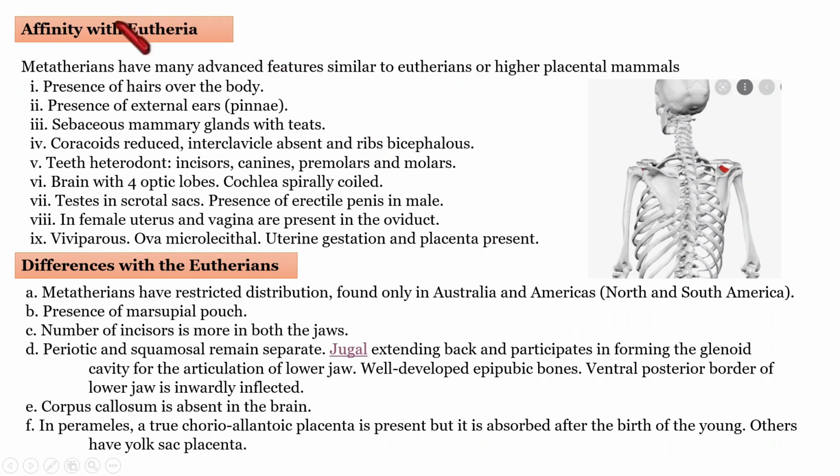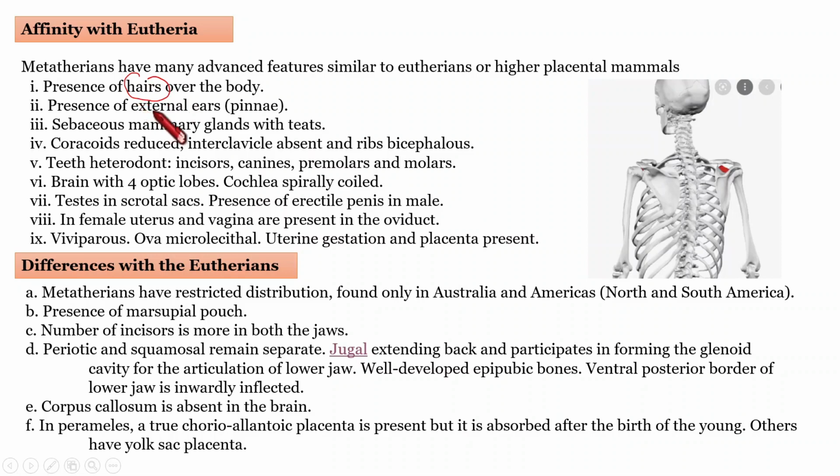Next, we are going to see the affinities of metatherians with the eutheria, the advanced mammals. Metatherians have many advanced features similar to eutherians, or higher placental mammals. What are those features? Presence of hairs, an advanced feature like that of advanced mammals.